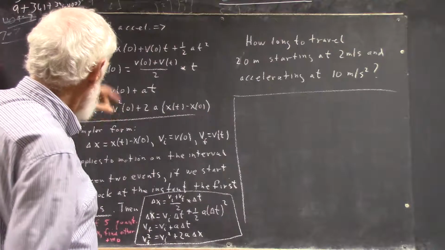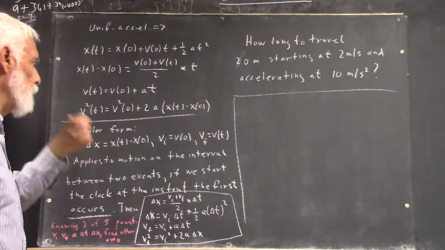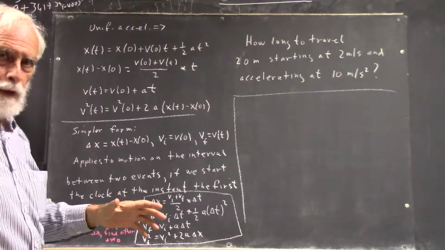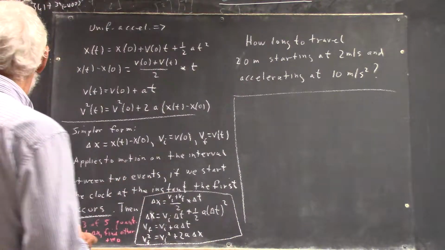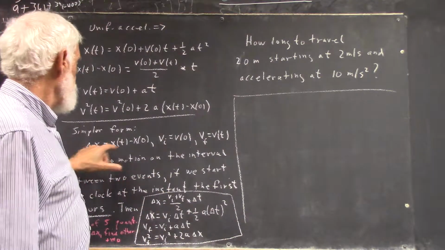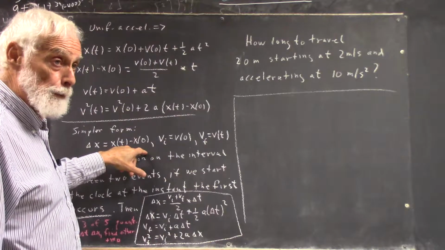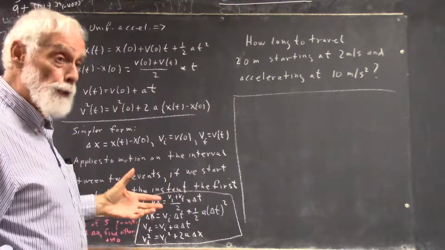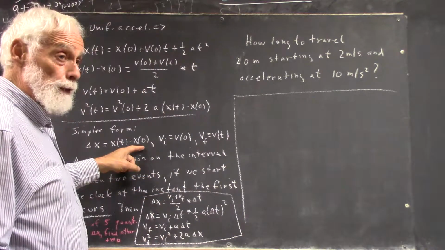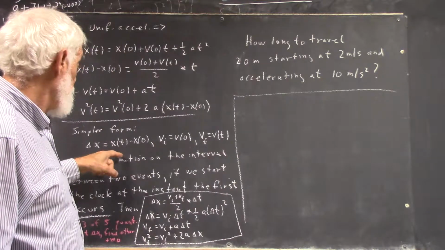But the notation is a little bit complicated, so in simpler form and in more intuitive sense, we're going to let delta x equal x of t minus x of 0. Now that's just how far the thing goes between whenever you start the clock and time t.